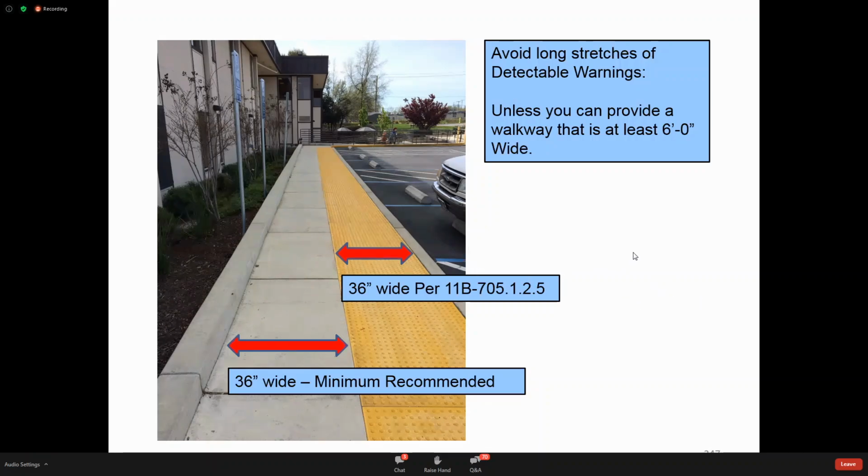As you can imagine, if this were only, I don't know, 18 inches wide on the left side of the detectable warnings, as somebody in a wheelchair tries to go from their parking stall all the way down to the front door, their right hand wheel is going to be going bumpity, bumpity, bump all the way down. Not nice. So that's advice, not code requirement.